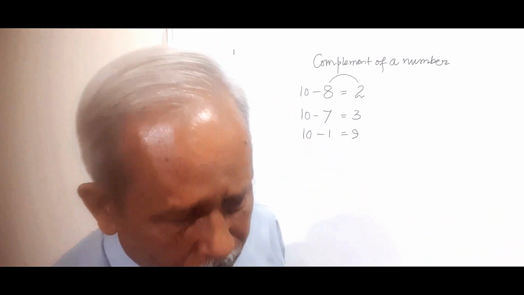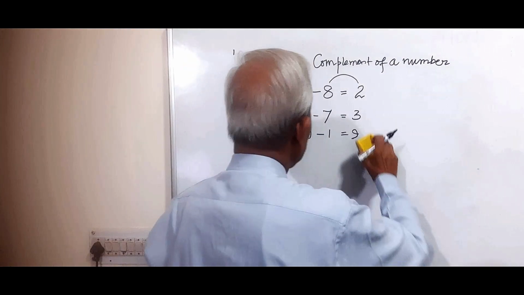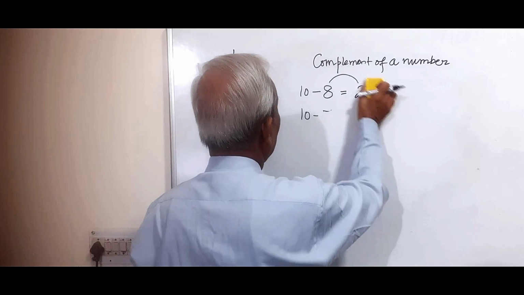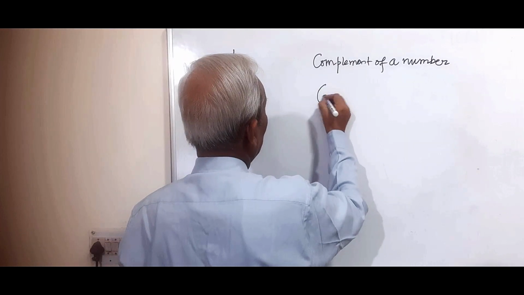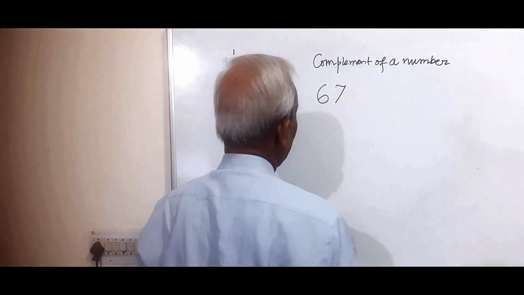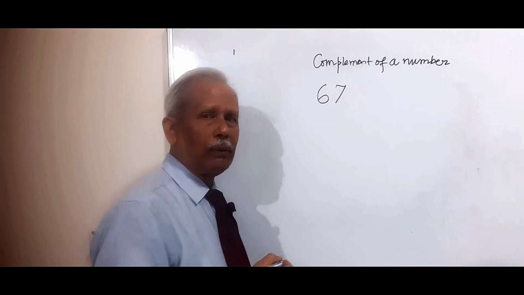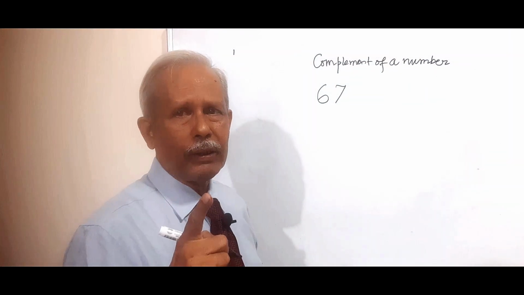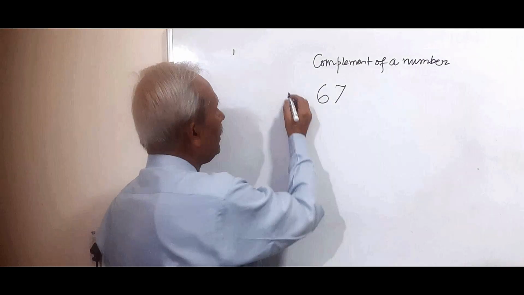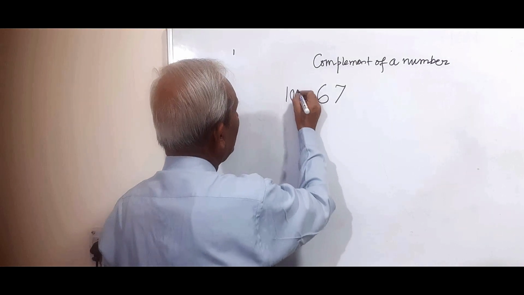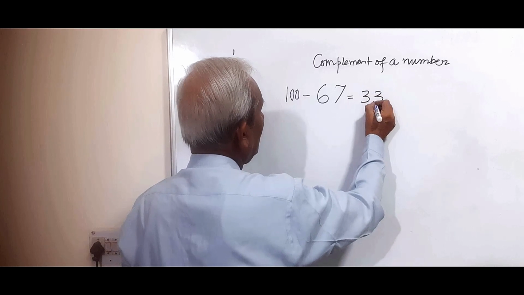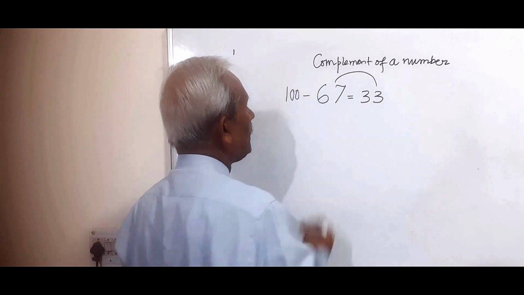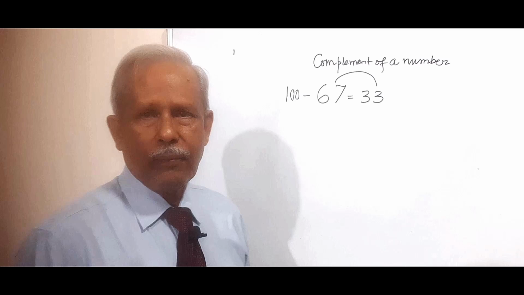Well, if I take a bigger number, say a 2-digit number, for example, you want to find the complement of 67. What will be the complement? Its nearest base is 100. So 100 minus 67 is 33 by subtraction. So 33 is the complement of 67, right?